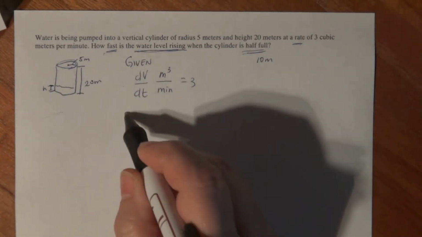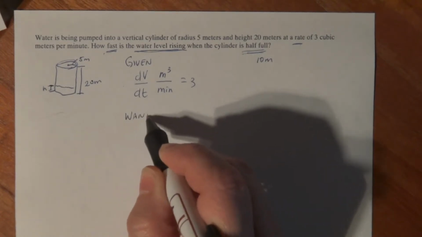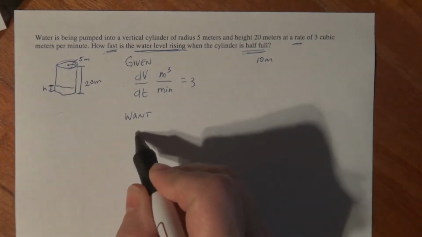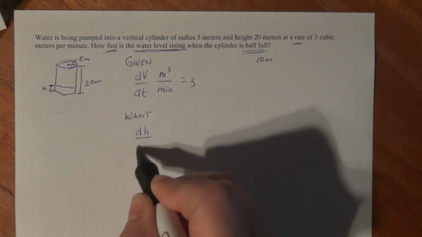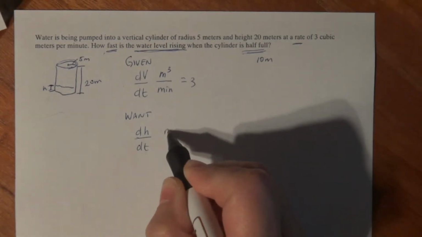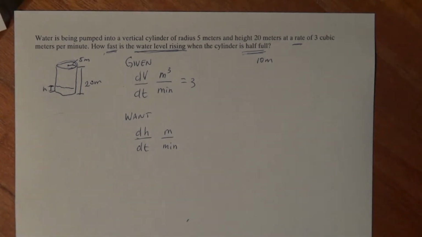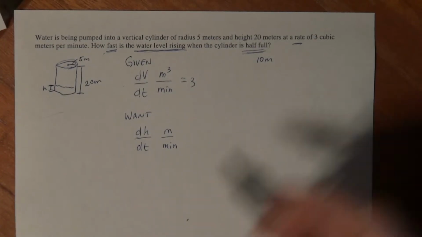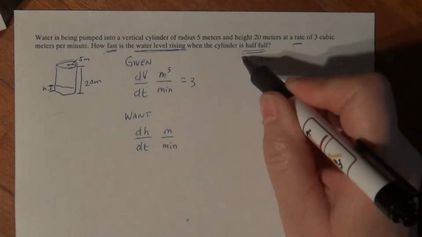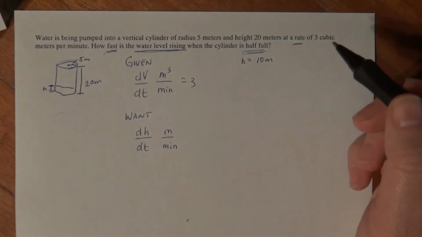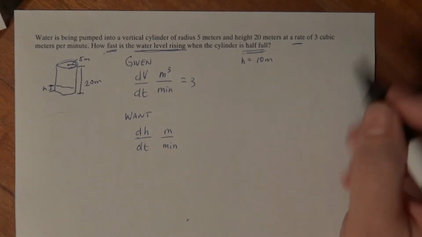The water level I have measured as h, so I want to know dh/dt, which is meters per minute. Somebody asks you how fast you were going, you always say feet per second or miles per hour. That's how I know it's going to be a height per unit of time, meters per minute. This is what we want to find. Now this 10 meters is some level h that we're going to use right at the very end.